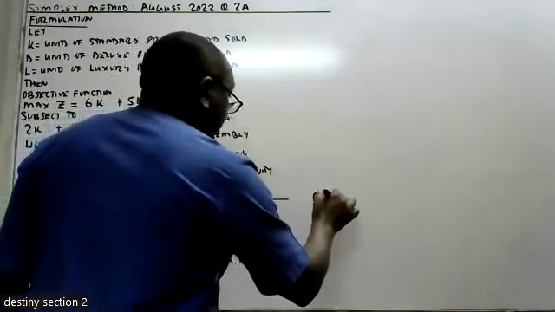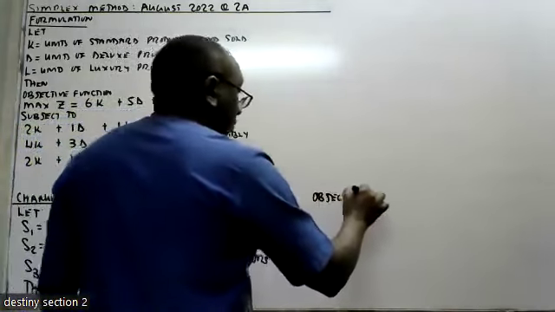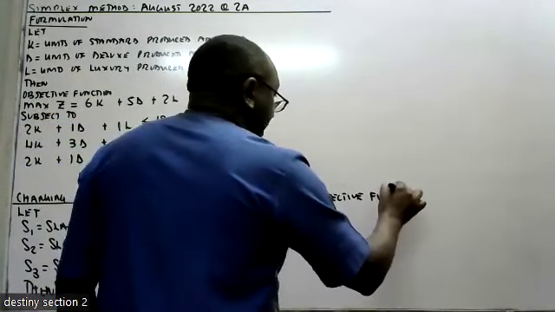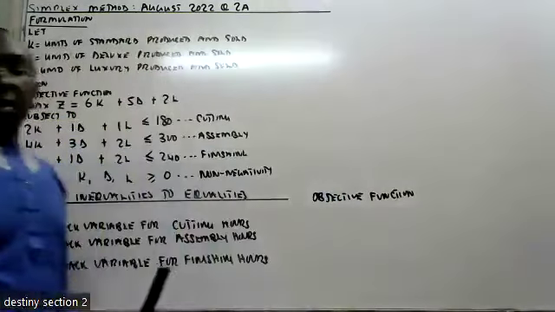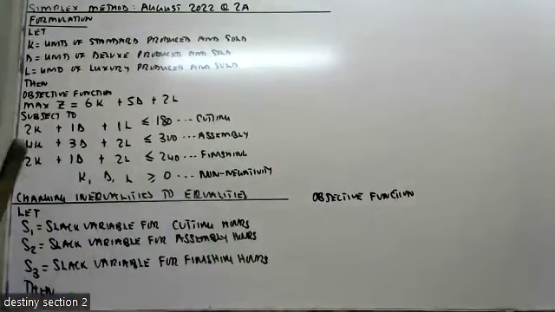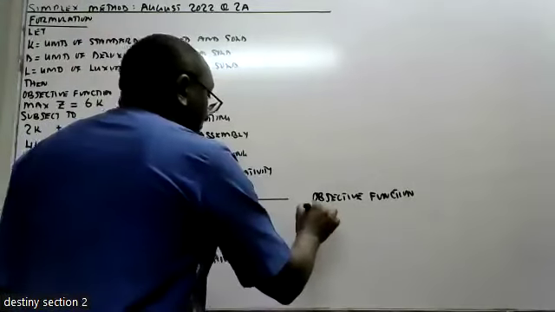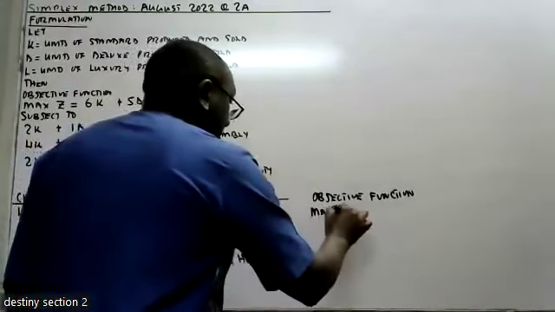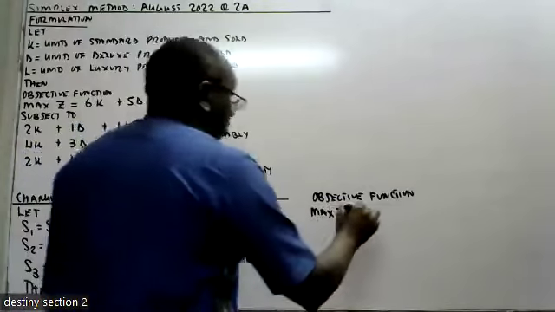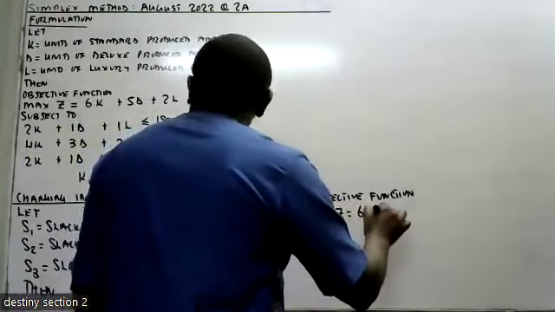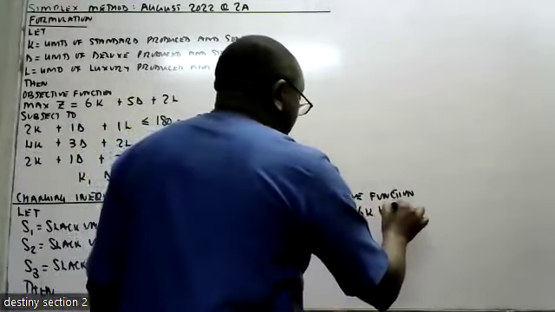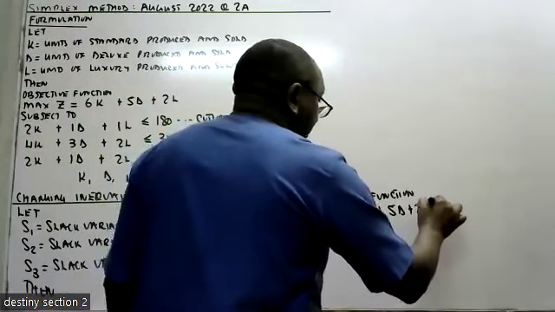Objective function. This objective function here, you repeat it. Maximize Z, which is equal to 6K plus 5D plus 2L.